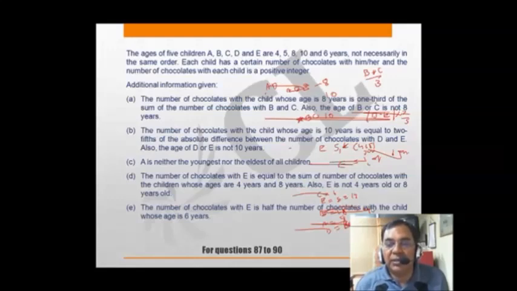Okay, D minus E. A is 8. B plus C by 3. What is C?